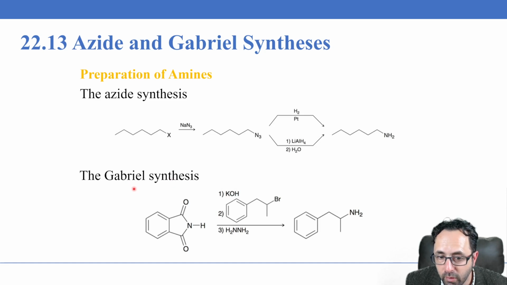We can also produce an amine from a Gabriel synthesis, where we start here with this complex reaction with potassium hydroxide and an alkyl halide, followed by H2NNH2, and ultimately producing for us an amine at the position where the halogen atom is in the alkyl halide.